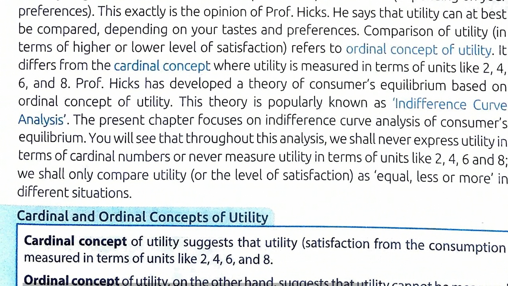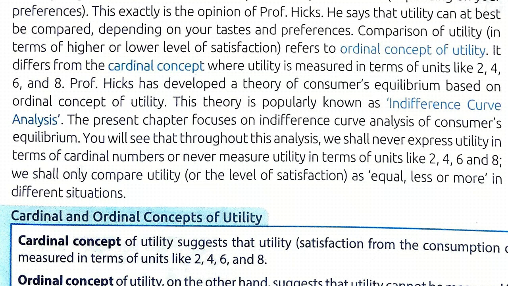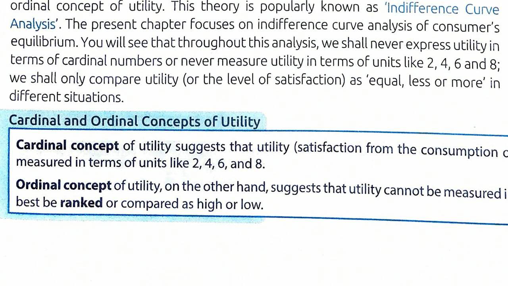Now indifference curve analysis puts focus on this ordinal concept and tries to understand how a consumer can achieve an equilibrium situation with this method. So, cardinal and ordinal concept of utility.